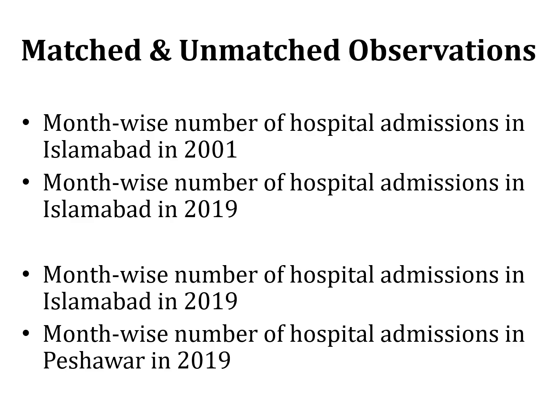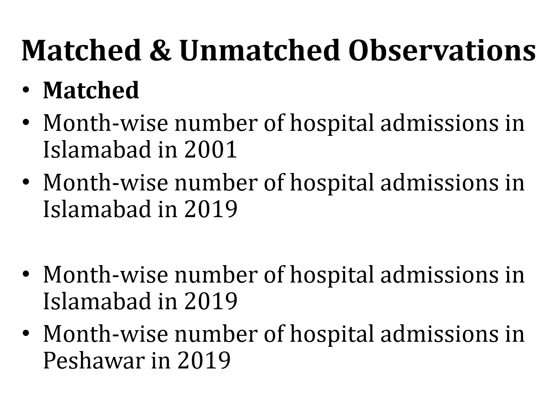In the first scenario, we can see that the unit of sampling, the unit of taking observation, is the same, but the observations are taken at different times. So this one is the matched observation.